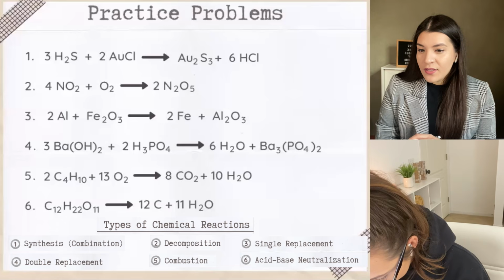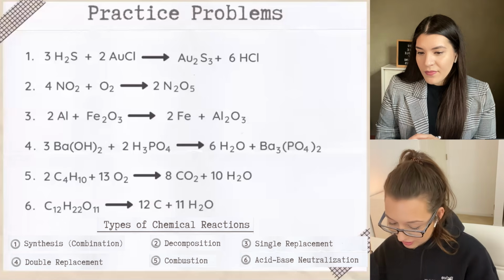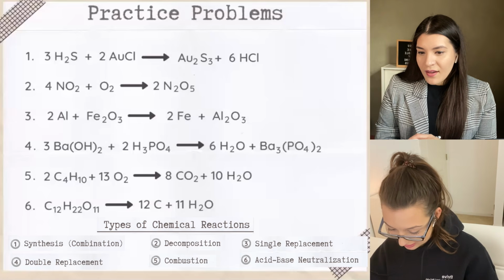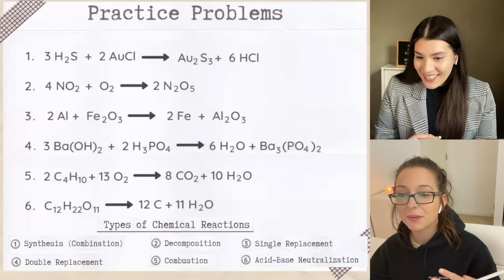For 2, we're starting off with NO2 plus O2. And what's happening? I don't know, because I see the N and the O coming together, but the numbers aren't matching up. Exactly, and that's okay.